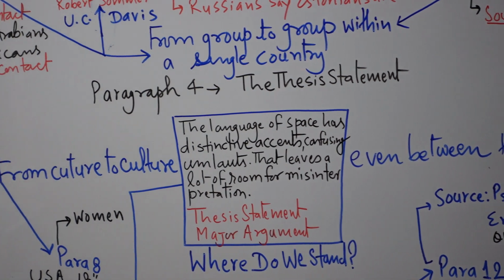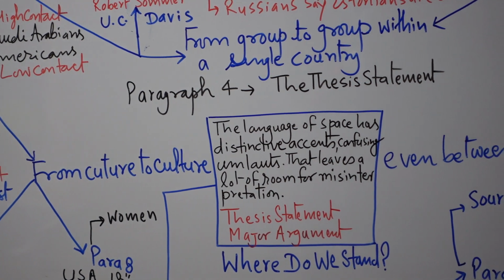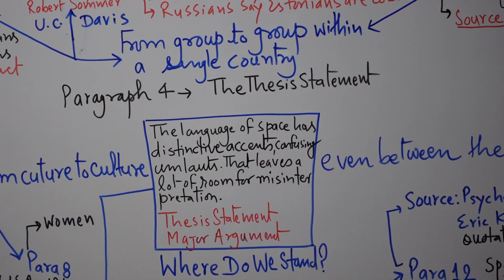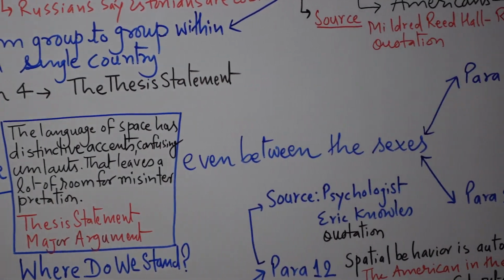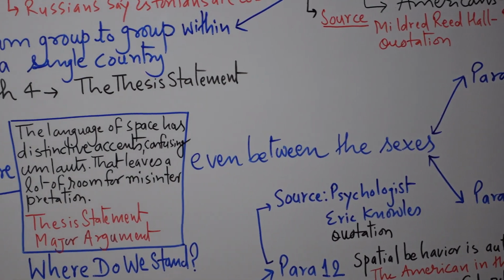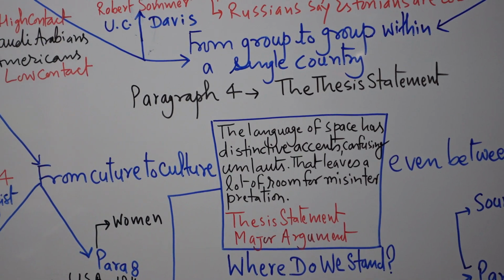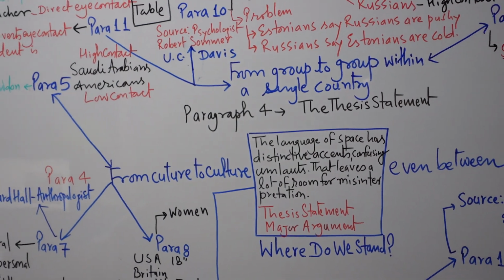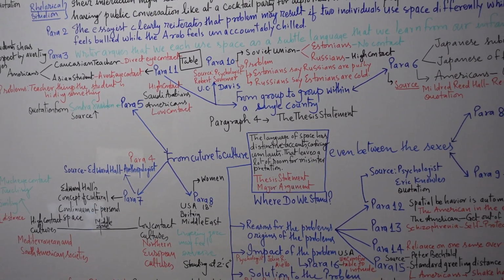And then I have the idea from culture to culture, then from group to group within a single country, and then even between the sexes. Okay, before I talk about the thesis statement, let me take you to the top of this whiteboard and show you what I've done there.